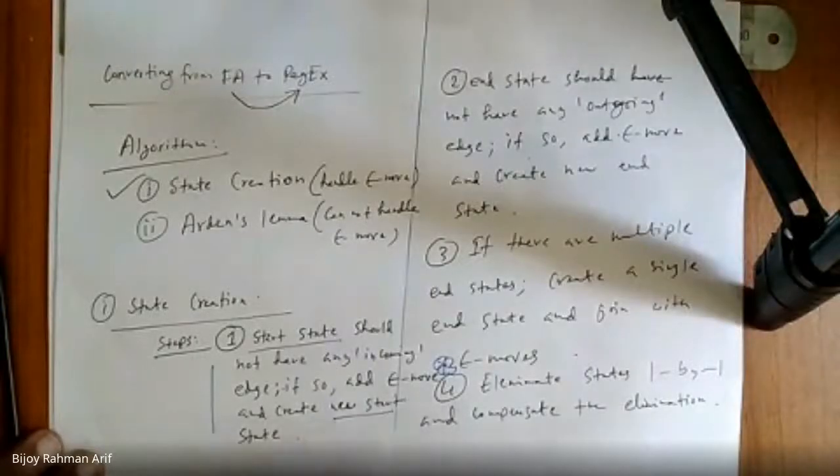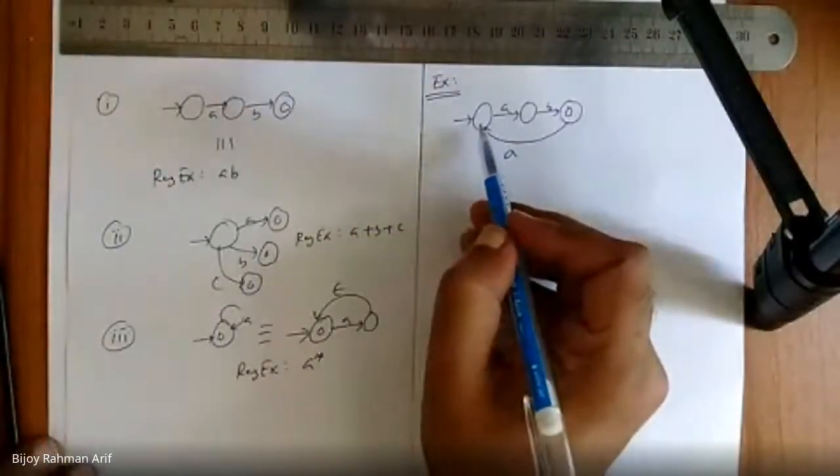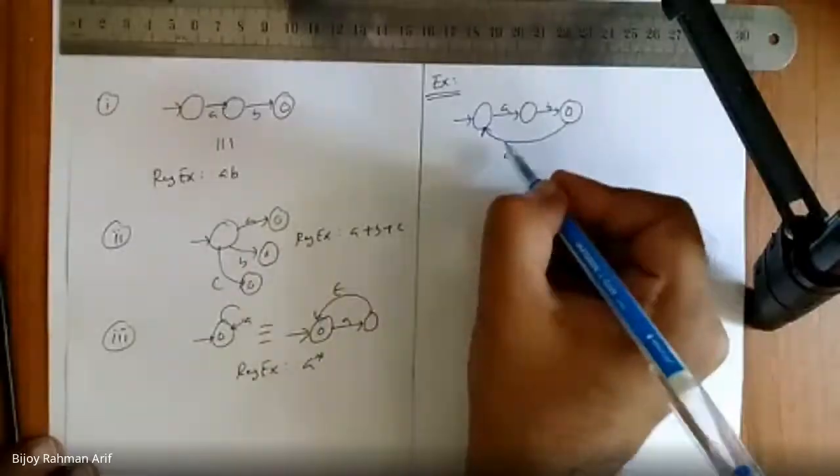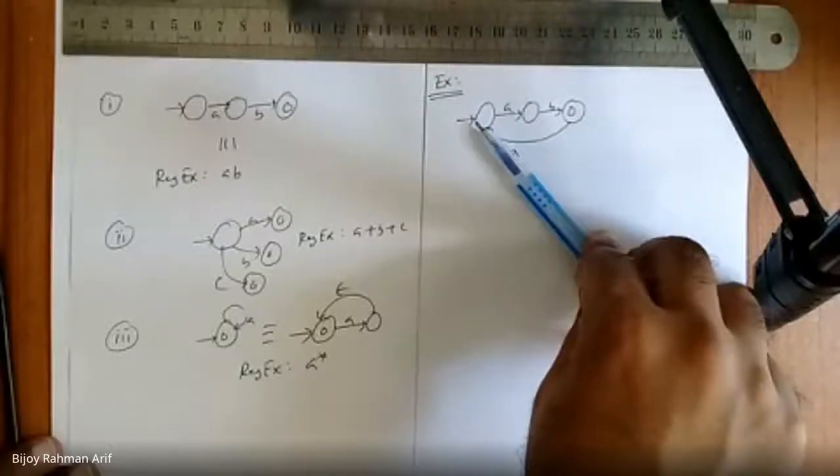If so, add an epsilon move and create a new start state. Does the start state have any incoming edge? Yes, it's coming. So we are going to create a new start state and connect it with epsilon. Now we are done.